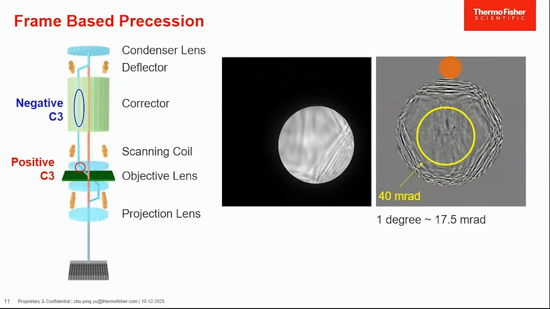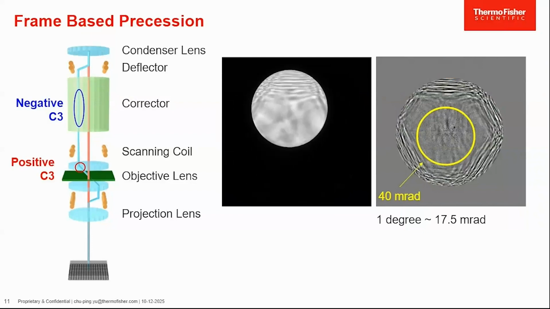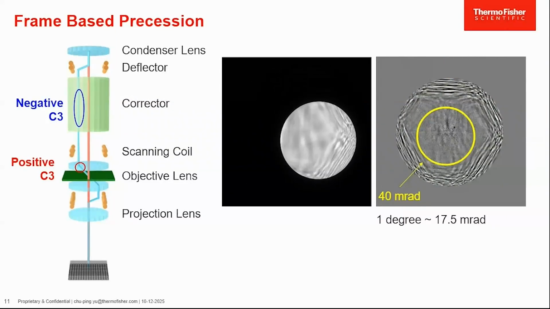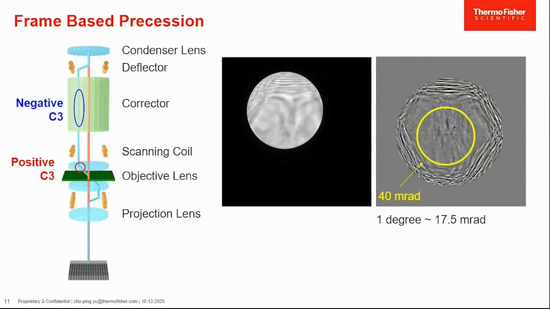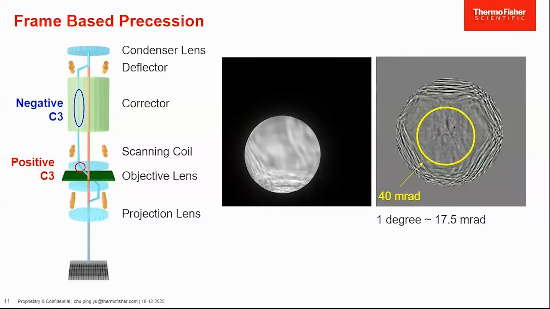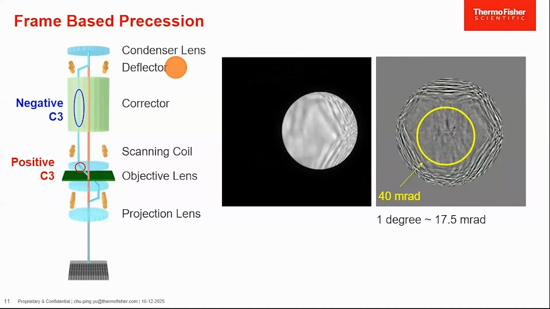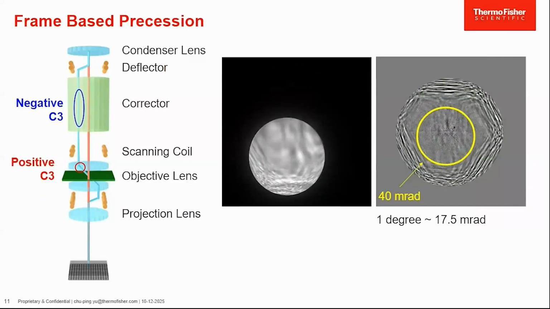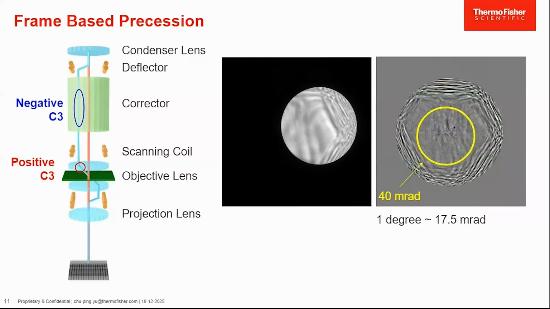We can see from these figures that we have an aberration-free region of about 40 milliradian. As a reference, 1 degree is about 17.5 milliradian. So with this tilt scheme using the deflectors above the corrector, you can safely tilt your beam up to 1 or 2 degrees, depending on your convergence angle.